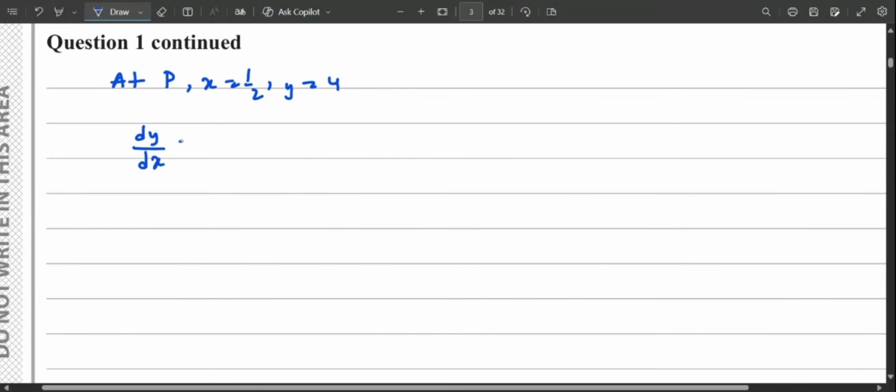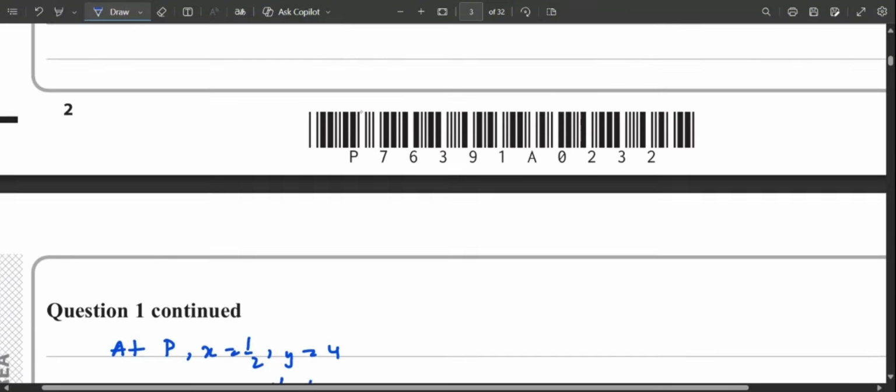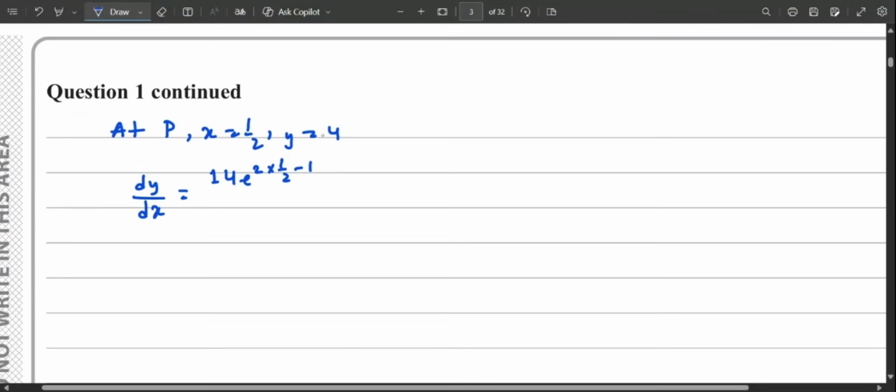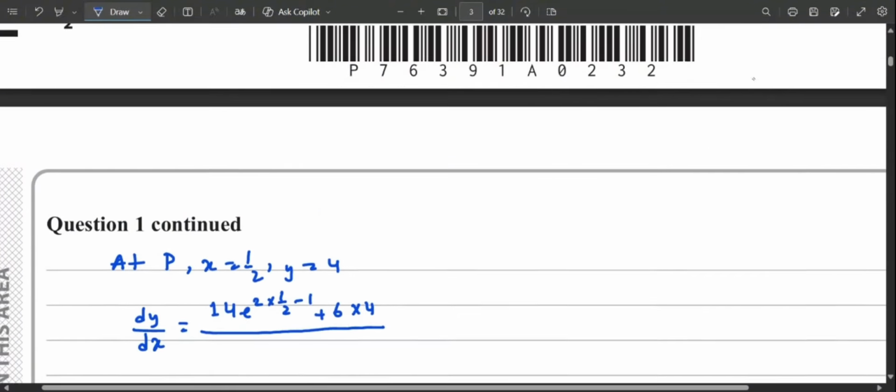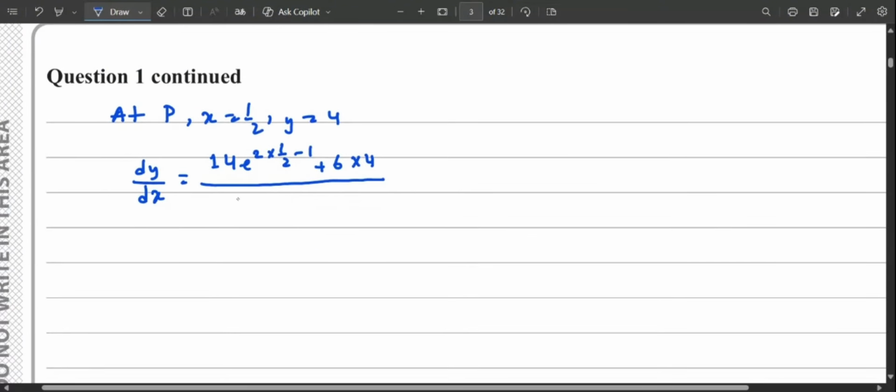Substituting these values into dy/dx would give us 14 e to the power of 2x minus 1, so 2 into half minus 1, plus 6y, so 6 into 4, divided by 4y minus 6x. The denominator was 4y minus 6x, so 4 into 4 minus 6 into half.